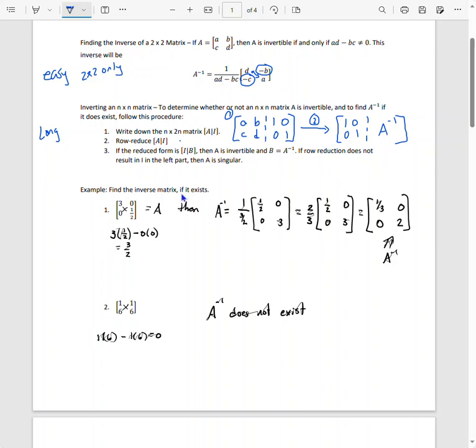We're going to do a 2 by 2 first. Find the inverse matrix if it exists. If A is the matrix 3, 0, second row 0, 1/2. The first thing I'm going to do using our formula up here, I'm going to multiply 3 times 1/2, subtract what I get when I multiply 0 times 0, and that happens to be 3/2. Since that's not 0, I know an inverse exists.